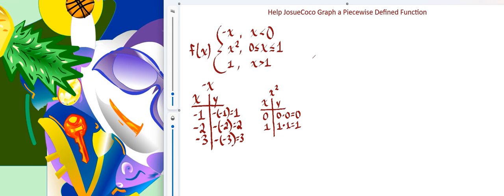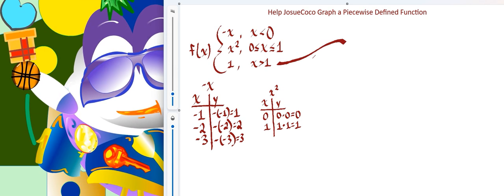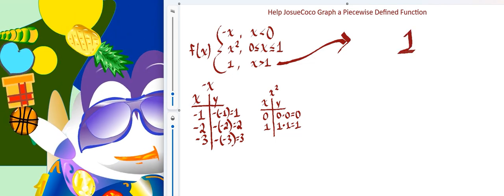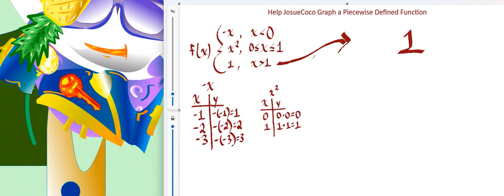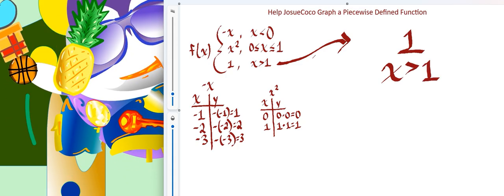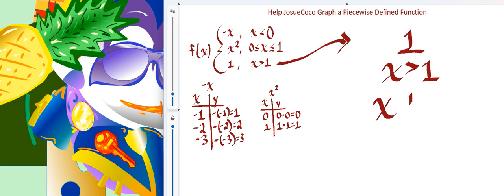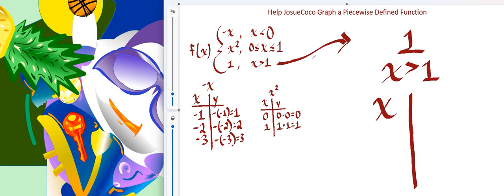Let's make some space here and continue with our last statement. Our last expression states that when x is greater than 1, y will always be 1. We'll represent this in a table numerically.